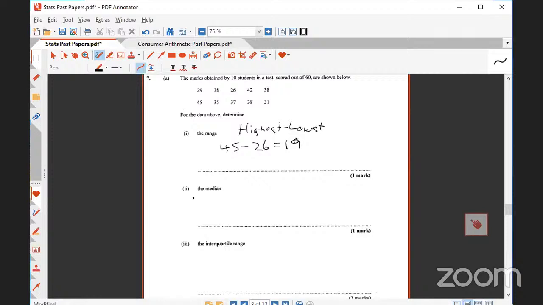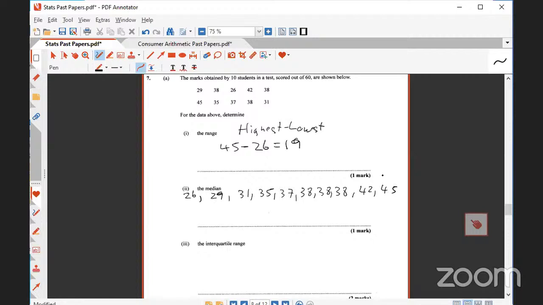So let's do that first. 26, then 29, then 31, 35, 37, 38, and what comes after that number? 42, and then finally 45.